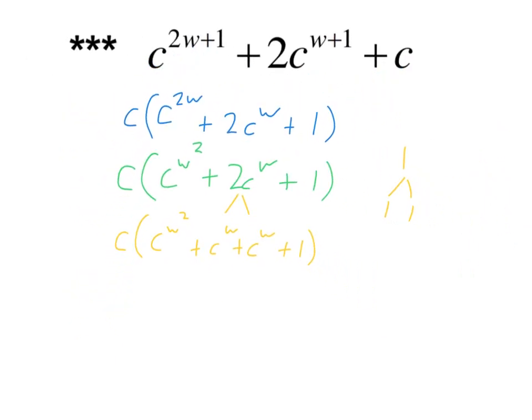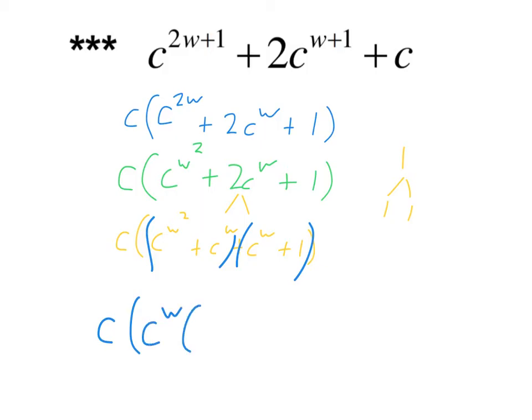Now, grouping your terms together, the first two and the last two, I'm left with c. Now, what's the GCF of the first two? They both share a c to the w. You have another c to the w left. And then in the second term, it's just a 1. The second set of parentheses, the GCF is 1. So what's left is c to the w plus 1.